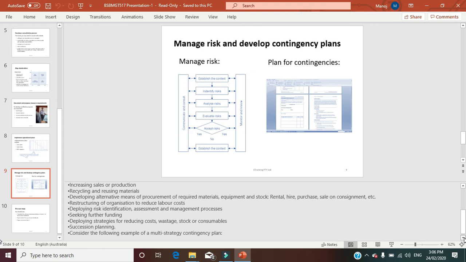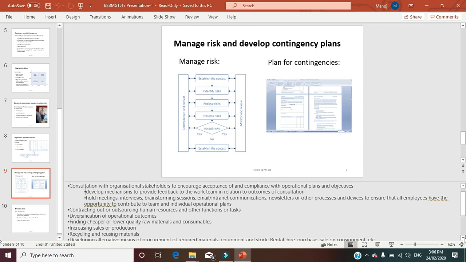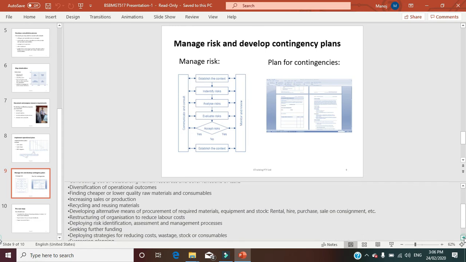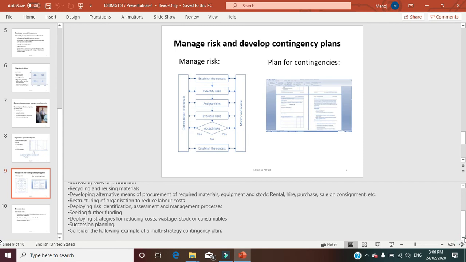Always need to reduce the cost and reduce the wastage, stock uses, and everything should be reduced day by day. And succession planning, so always need to have a good plan. If you want to do well in your business, you have to have a plan.